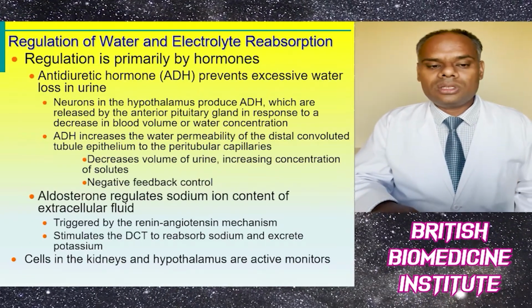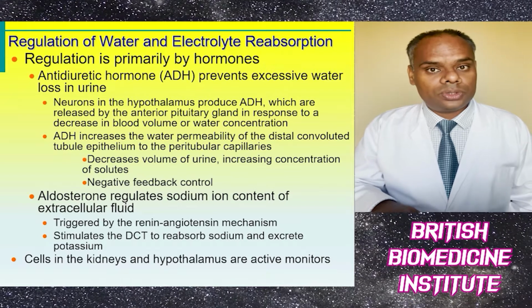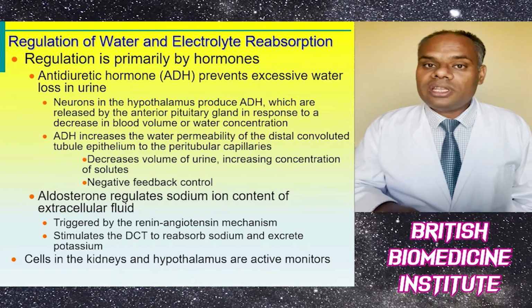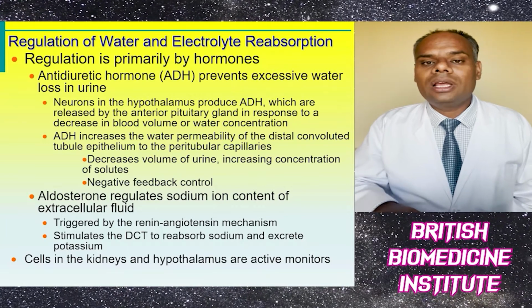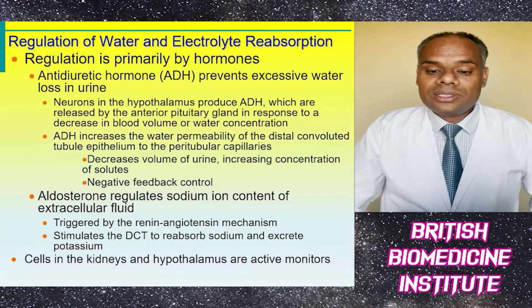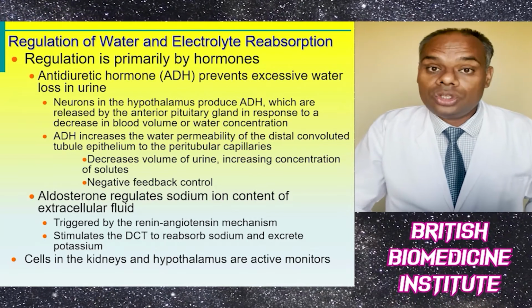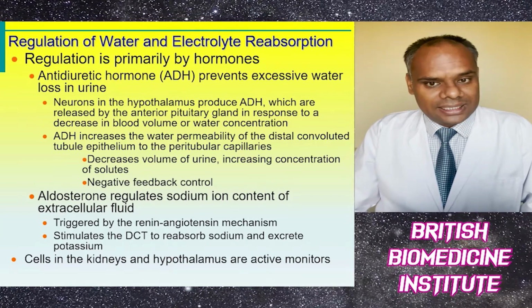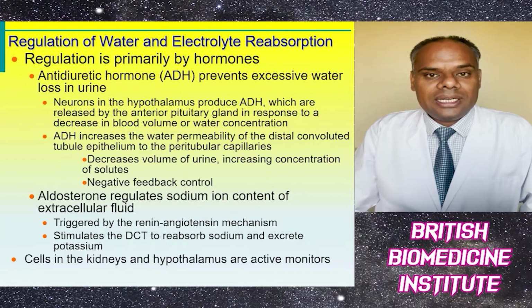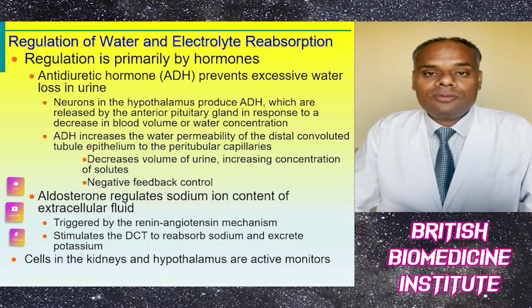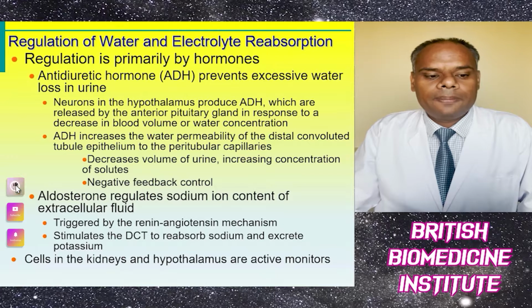Now comes the regulation of water and electrolyte reabsorption. Regulation is primarily done with the help of various hormones like your antidiuretic hormone, ADH. It helps prevent excessive water loss in urine. Neurons in the hypothalamus produce ADH, which is released by the posterior pituitary gland in response to a decrease in blood volume and water concentration.